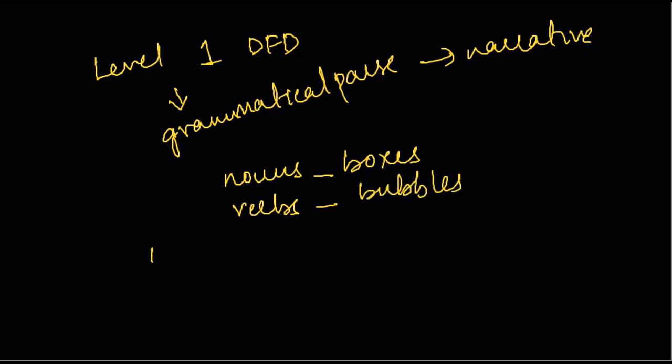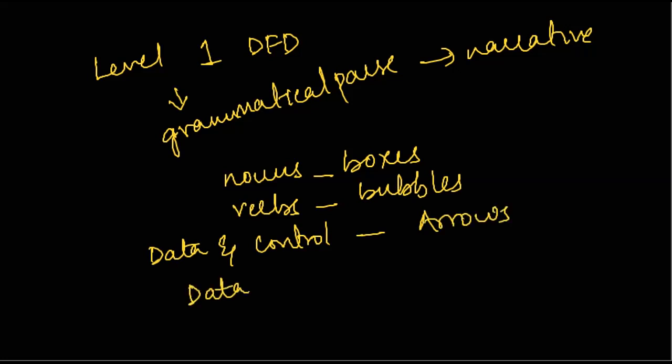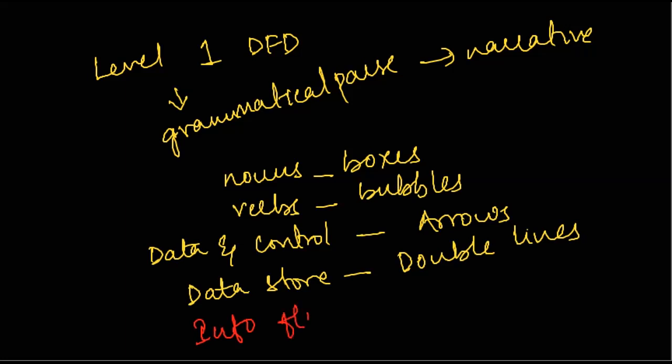We converted any data and control objects into arrows and data stores into double lines. When we converted from level 0 to level 1, we maintained the information flow. That is, the input and output remain the same.